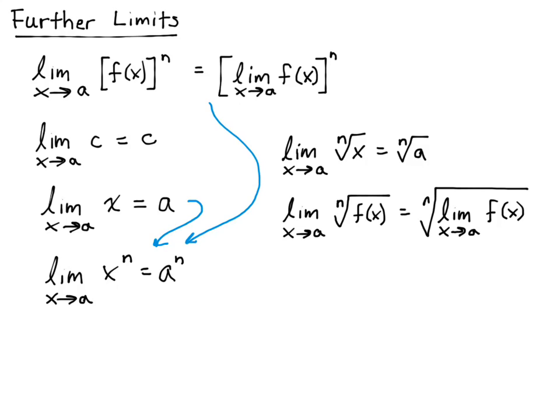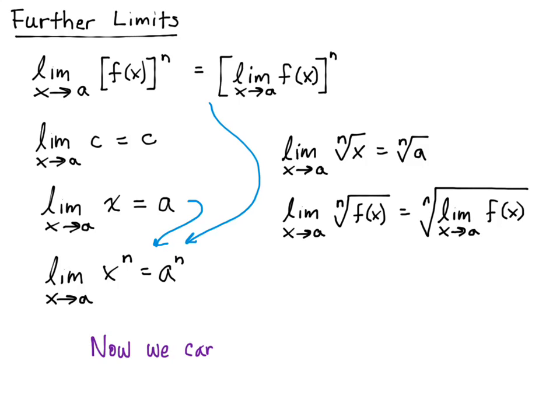So x to the 1/3 works in the first rule, and if we make that in radical form, we get the second two, where we can take the roots before and after we find the limits. So the same works with x equals a no matter what, even if it's rooted or squared.